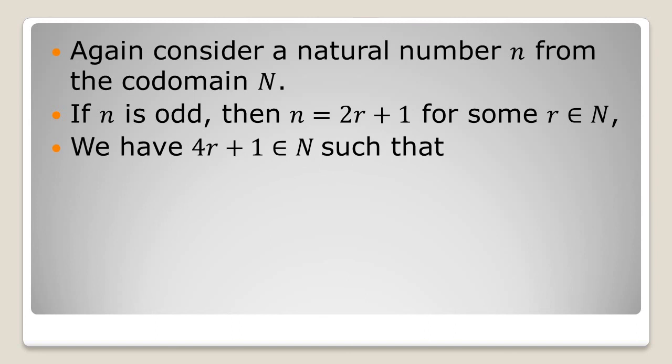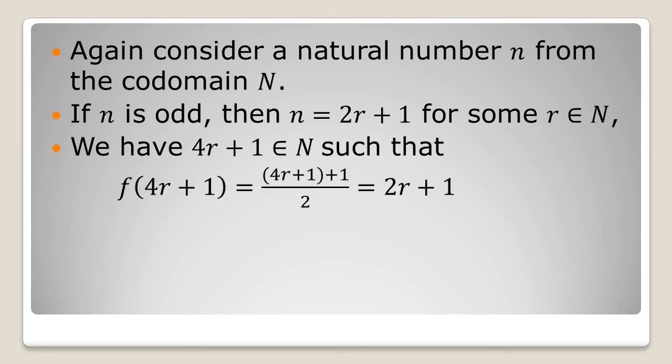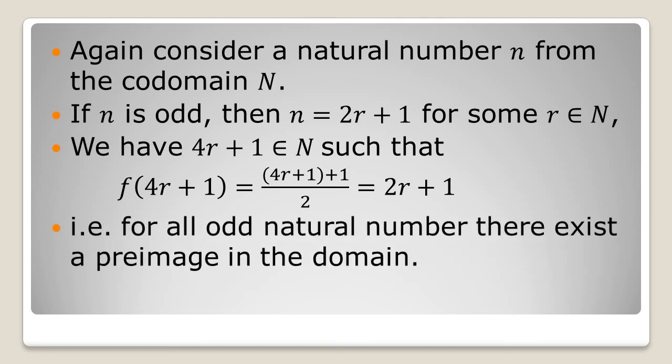So for every odd natural number twice r plus 1, there exists 4r plus 1 in n such that the image of 4r plus 1 is twice r plus 1. That means for every odd natural number we have a pre-image in the domain.